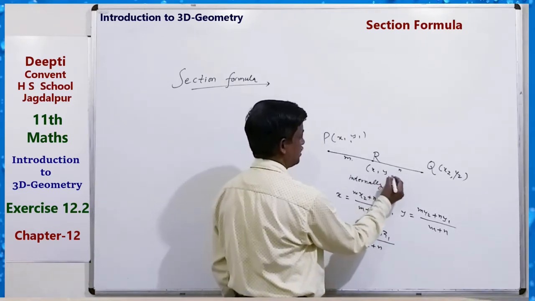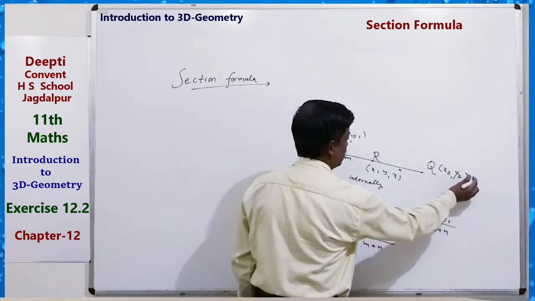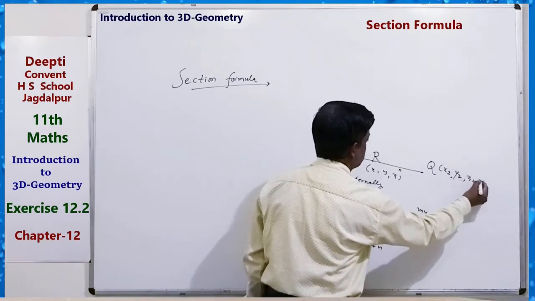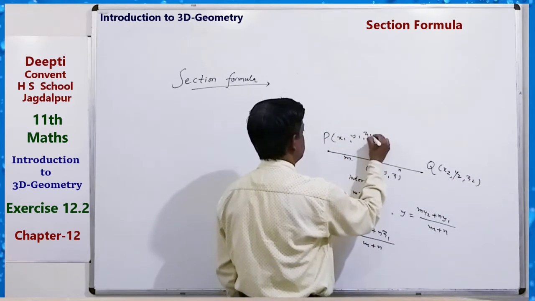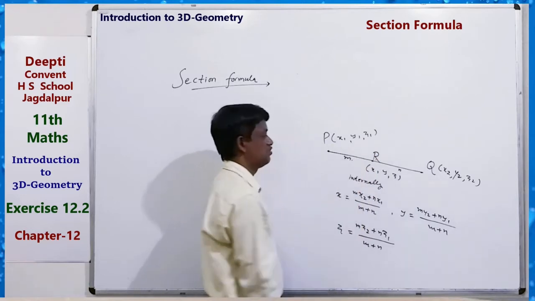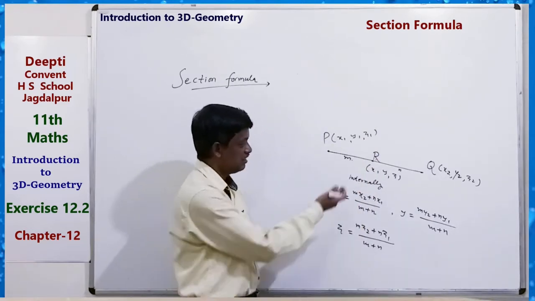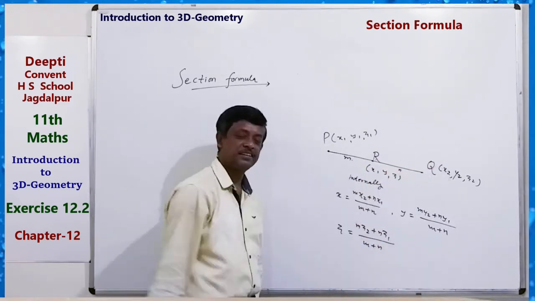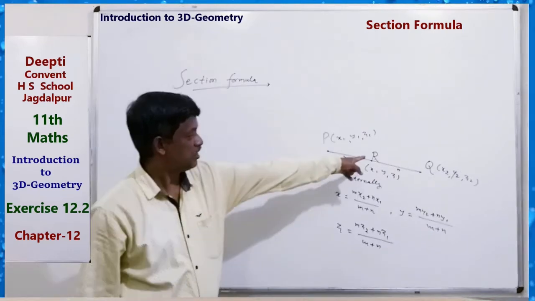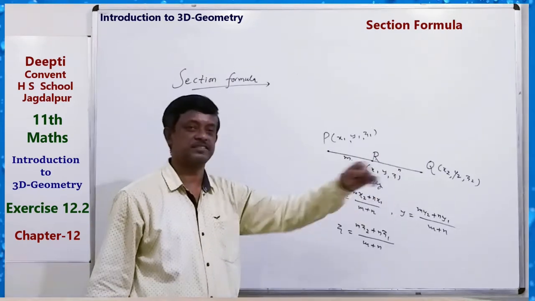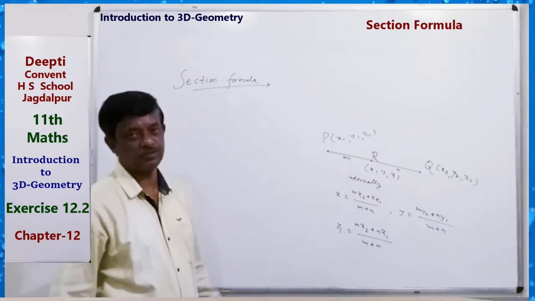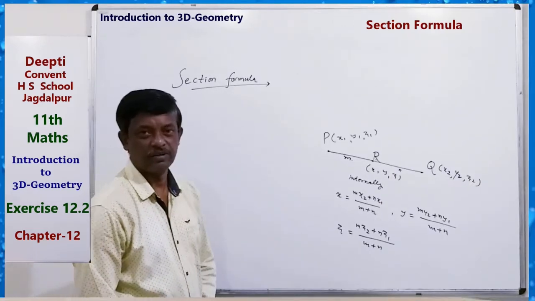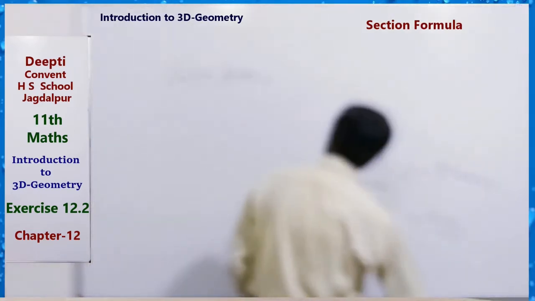Here z2, here z1. R is the point x, y, z, internally. The coordinates of R are written like this. We can use this formula, because the proof is very simple.